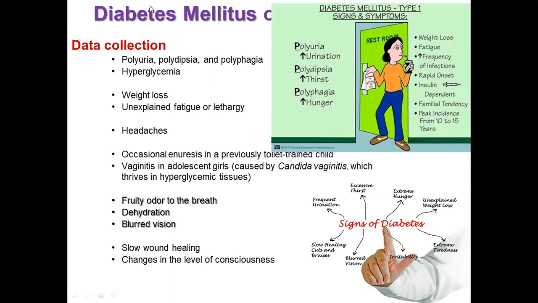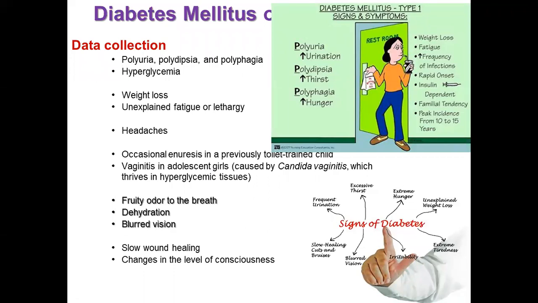We already told polyuria, polydipsia, and polyphagia, hyperglycemia, when blood glucose is usually more than 250 milligram per dL, or weight loss, unexpected fatigue, patient eating but still they are tired, fatigue, and lethargy, headache, occasional enuresis, and vaginitis in adolescent girls, because infection frequently attacks.